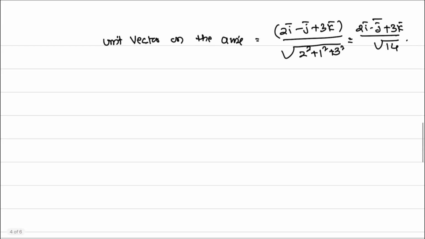This is the unit vector on the axis. Unit vector on the axis into magnitude of omega times unit vector is equal to vector omega. This is what is to be found out.